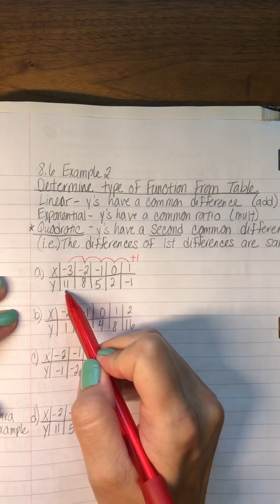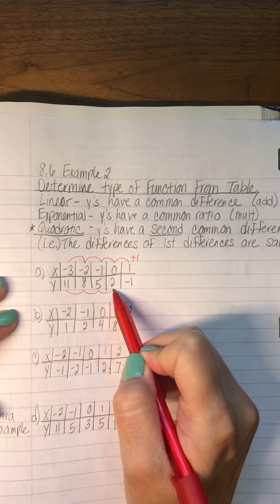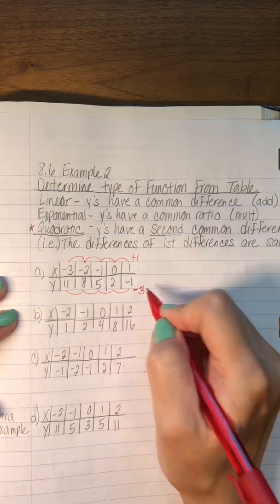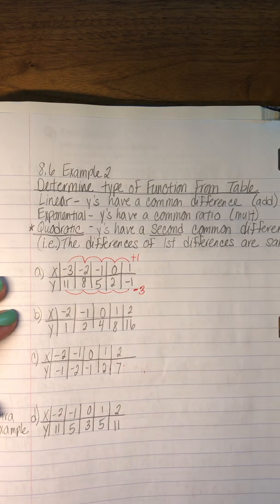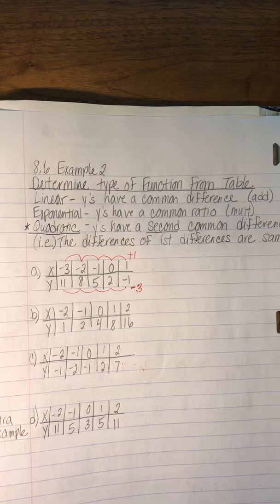In our y's, we're going from 11 to 8 to 5 to 2 to -1. We are subtracting by 3 each time. So because we're subtracting by 3, that's the same thing as adding a -3. And adding a -3, that's going to be linear. That has a common difference.